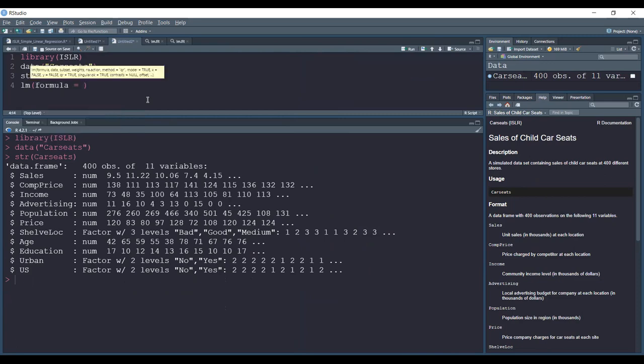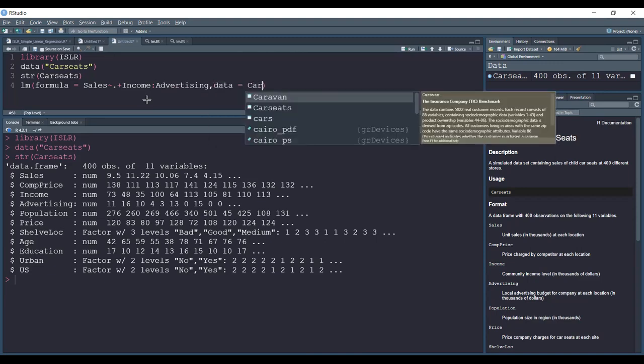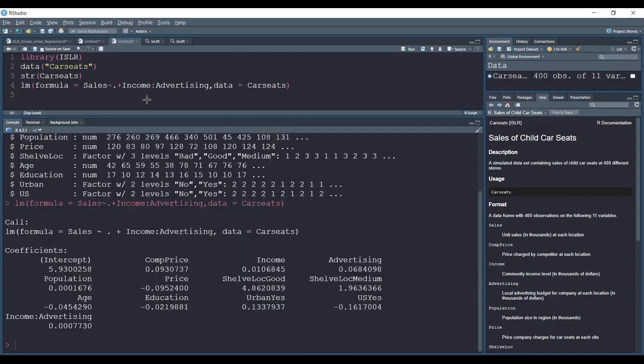Your formula is sales regress on everything together with, now I need to copy, income. I wonder if this is going to work. I probably need to attach the income interacting with advertising, and I'll type the rest later on. Data is car seats. I expect an error.